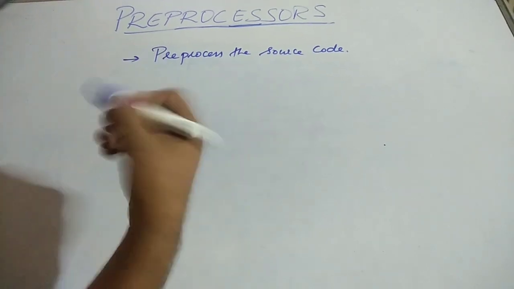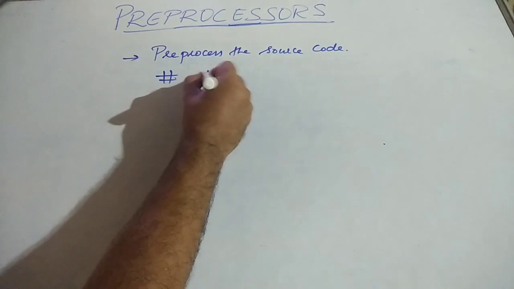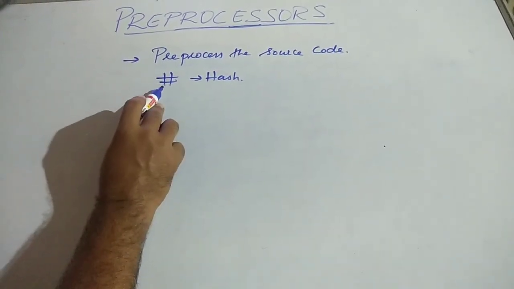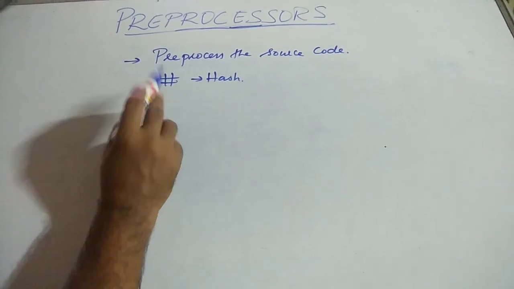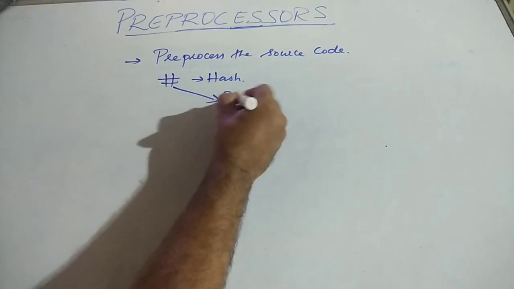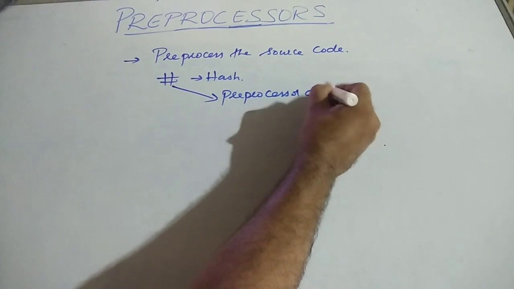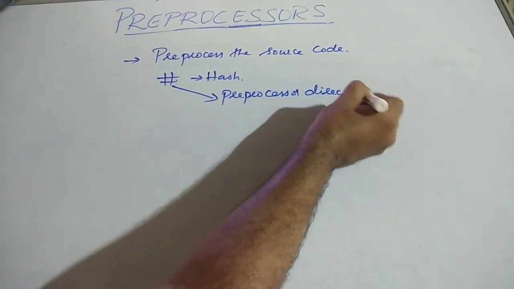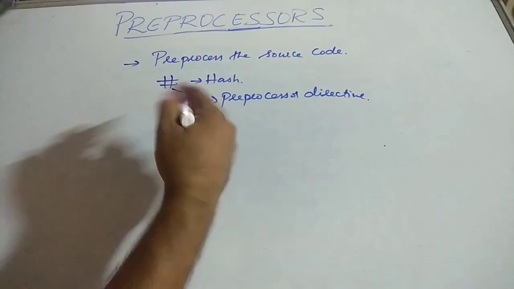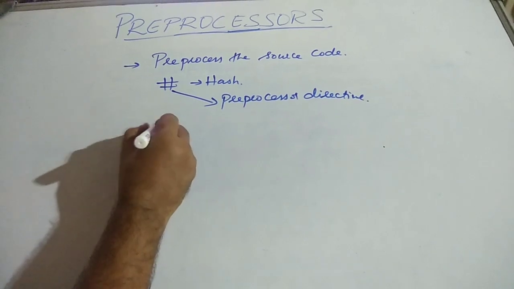All the preprocessor directives begin with a symbol called hash. The hash symbol at the beginning of any statement in a C program indicates that it is a preprocessor directive. We can place these preprocessor directives anywhere in the program. Is it clear?